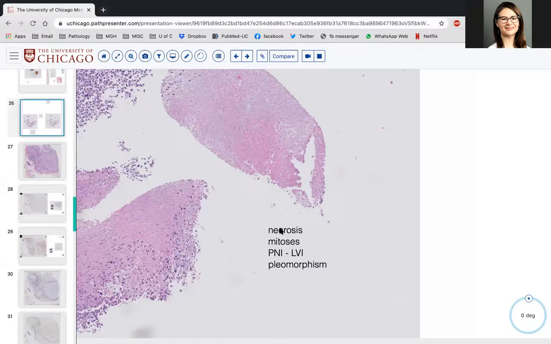But in general, I would always note when you see perineural or vascular, certainly necrosis and certainly high mitotic activity, or not even high, just evident mitotic activity in some cases, is unacceptable. So good. All right, so you're going to call this a high-grade carcinoma.